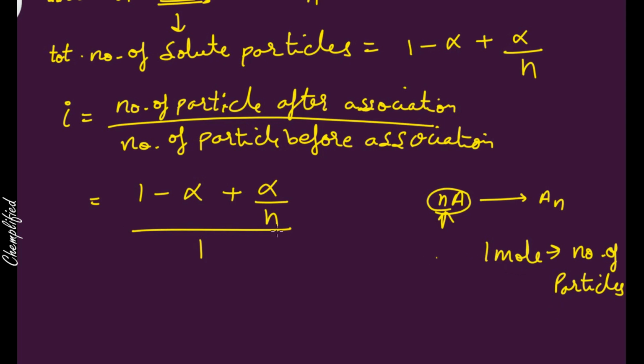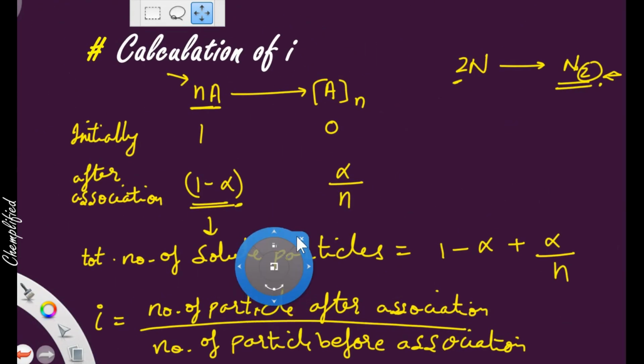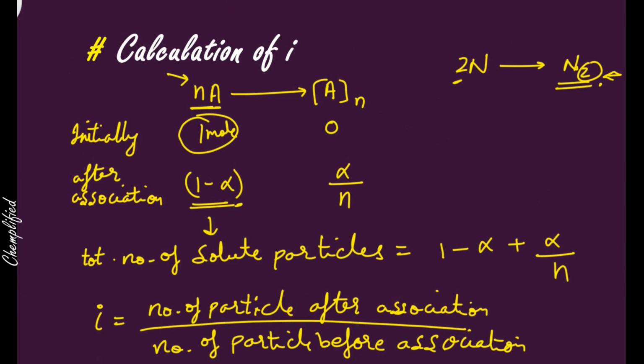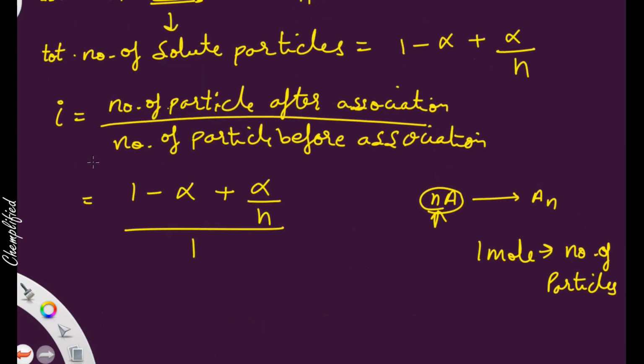So our starting material, let me show it to you again. Our starting material is how many moles? 1 mole. Out of 1 mole, the dissociation or the association is happening. So how many particles are there? 1 mole. That's why in the denominator we are taking 1 mole.